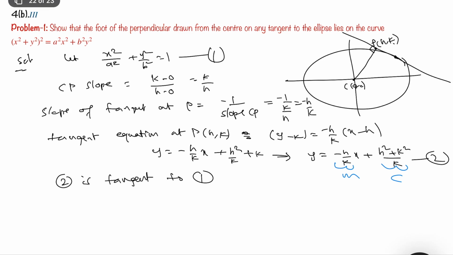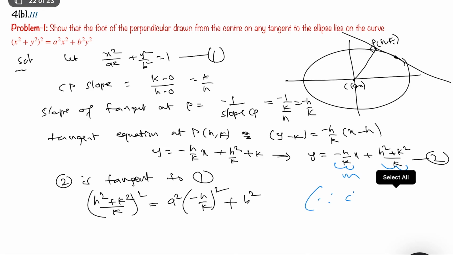So we should have c square, that is ((h square plus k square) by k) whole square, equal to a square m square plus b square. What is m here? Minus h by k. So a square times (minus h by k) whole square plus b square.